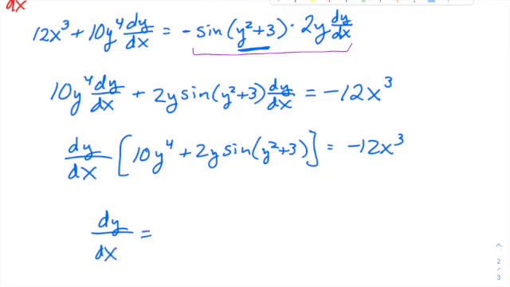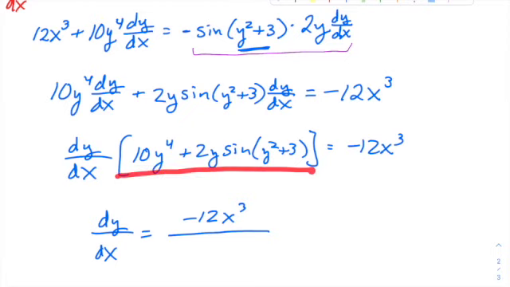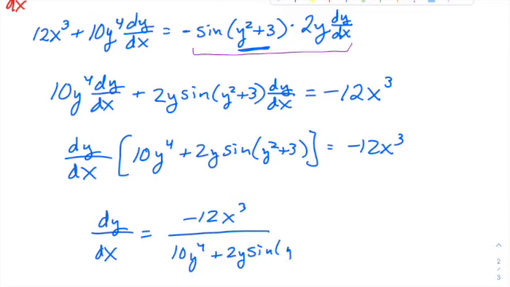So dy dx will be the negative 12x cubed on the other side divided by this giant quantity, to just cancel it from this side, and I'm putting it over here. And so I'll now have 10y to the fourth plus 2y sine of y squared plus 3.